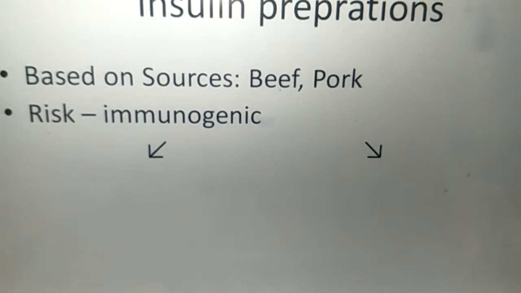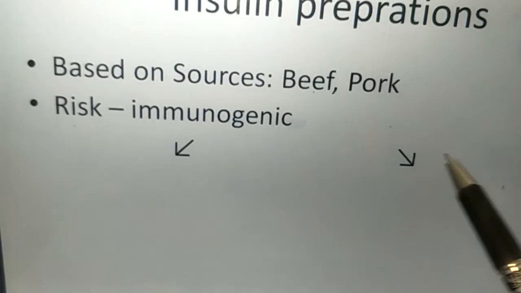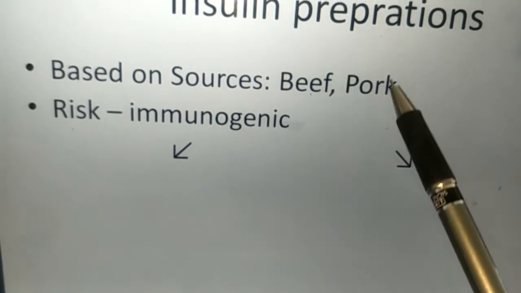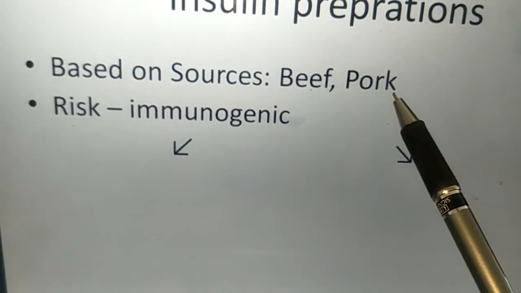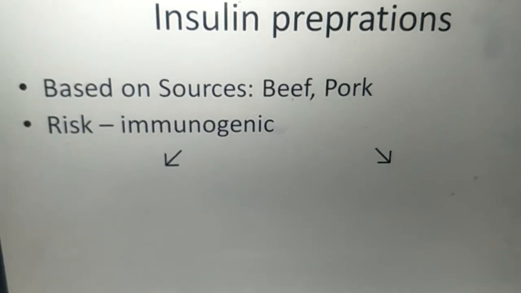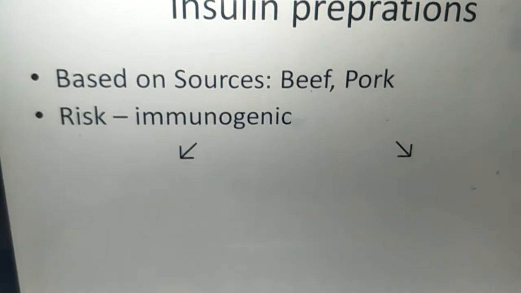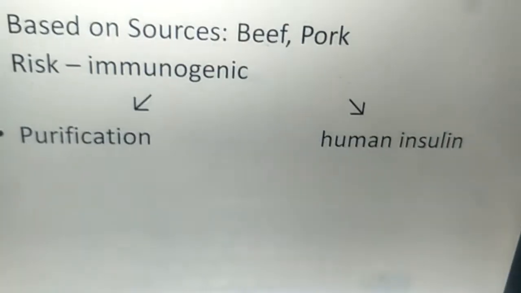So how to tackle that? There are two ways. Either we decrease the difference. This is not acceptable, difference of 1 amino acid, then why not use human insulin itself. Or we can purify these insulins to remove the antigenic substances.